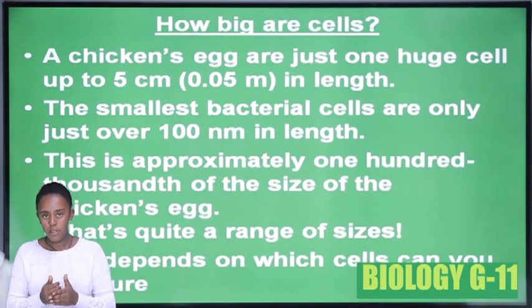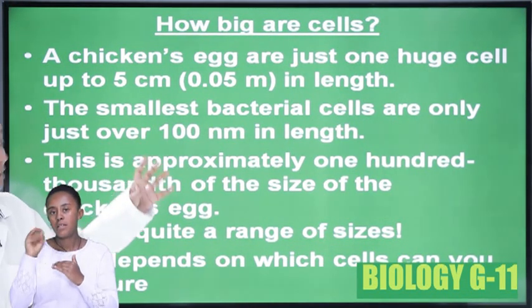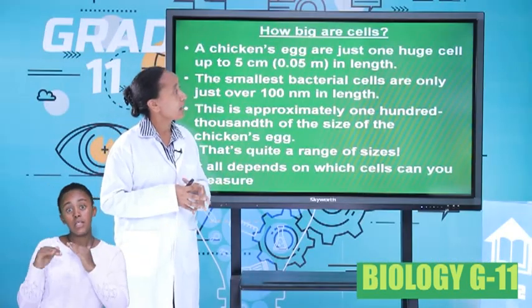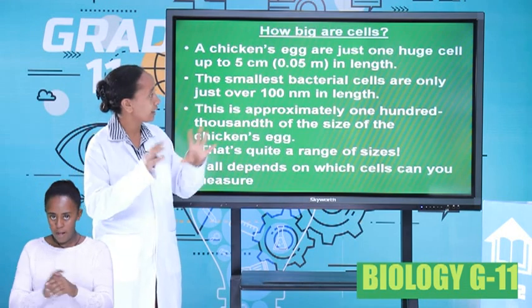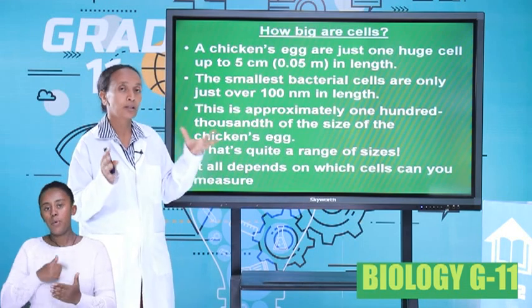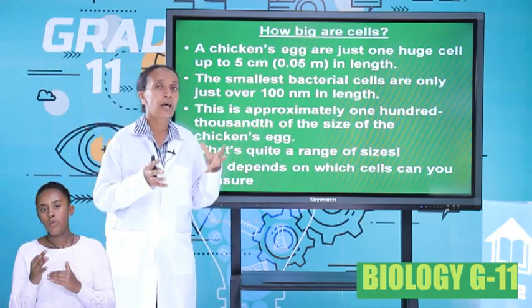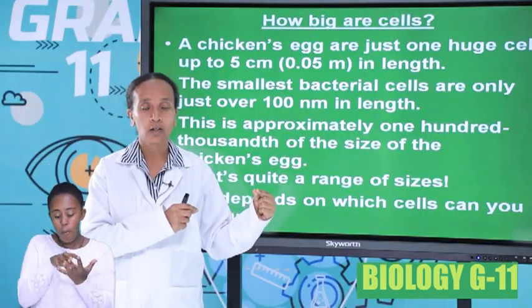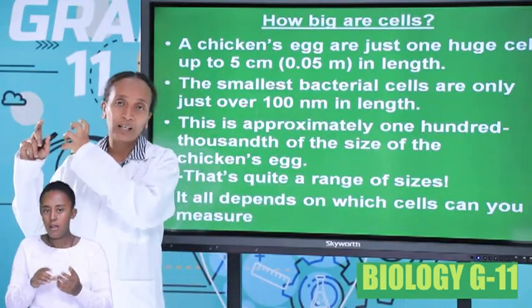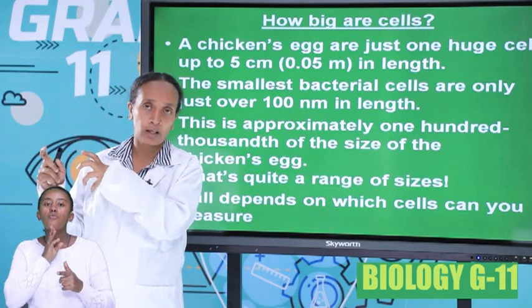Let's start with size. As we said, the size of a cell varies depending on the type of cell. But generally, cell size can vary from a very small bacterial cell to a huge ostrich egg cell.